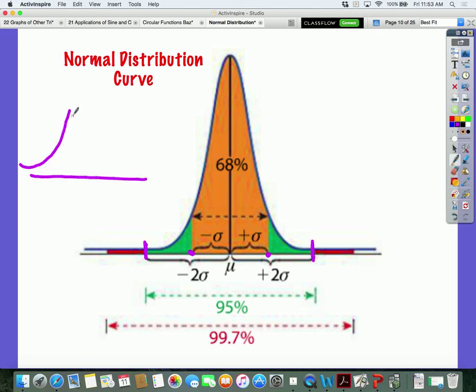And then from here to here, you have 1 standard deviation, 2 standard deviations. What would the next one be? 3 standard deviations away.